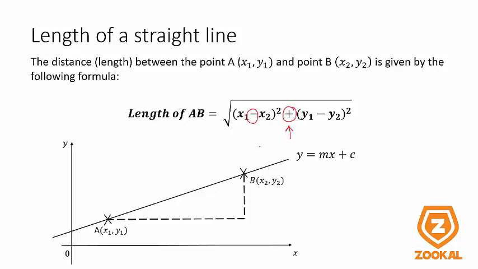A lot of students make mistakes by putting addition inside the brackets, which is wrong. Just remember the square, the plus, and the minus. In coordinate geometry, the two most important formulas to remember are the gradient formula and the distance formula.